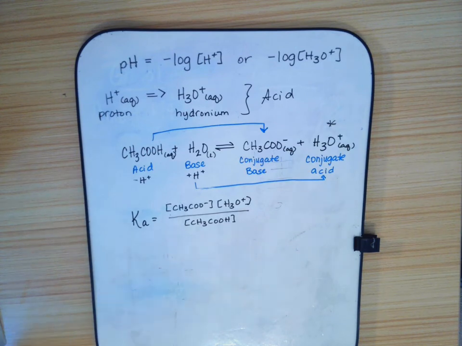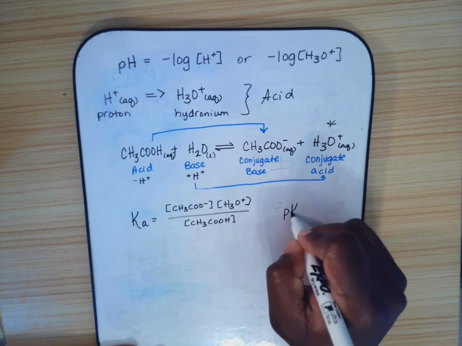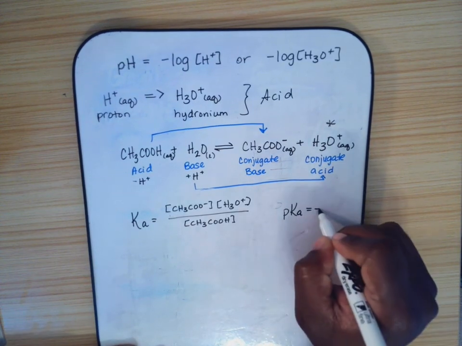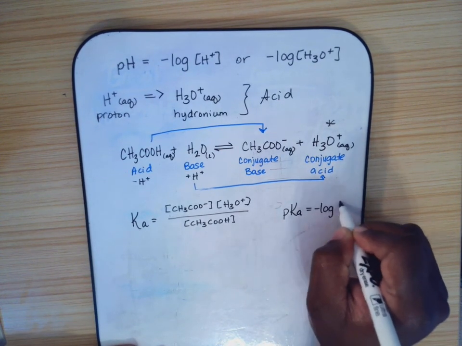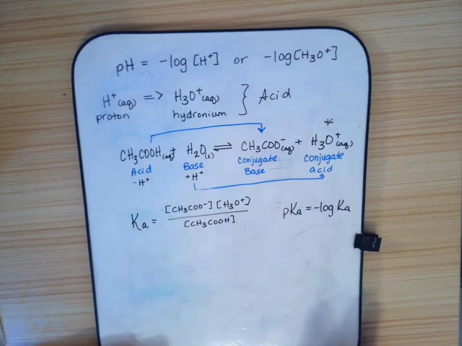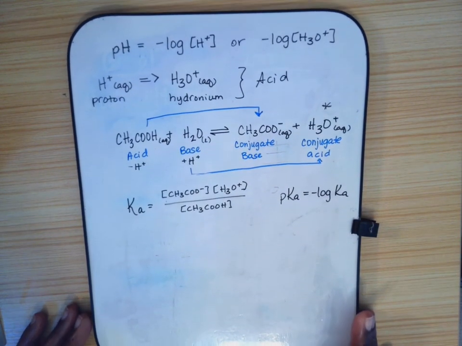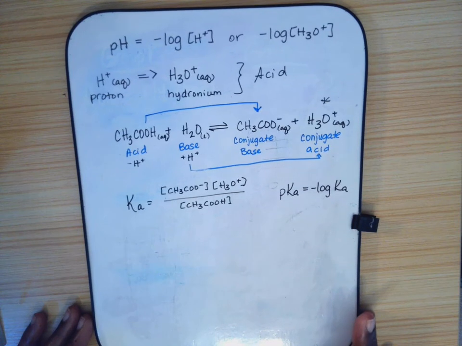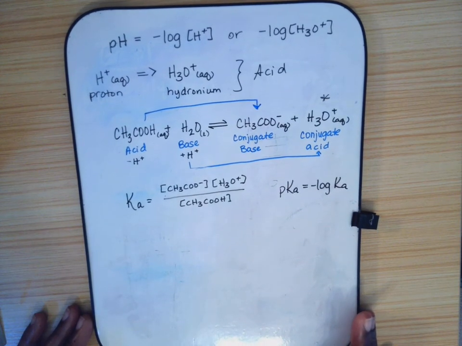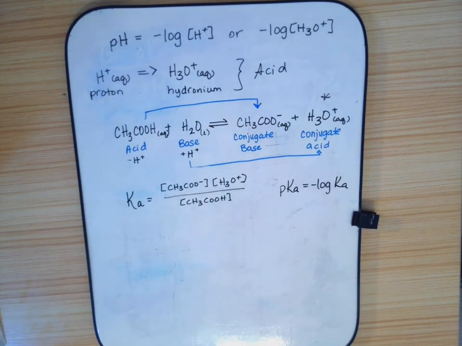The Ka tells us how the acid dissociates. If we take the negative log of the Ka, then we'll get the pKa. So we can look at the relationship between these components to determine what happens when you compare the pH of a solution to the pKa of the compound.